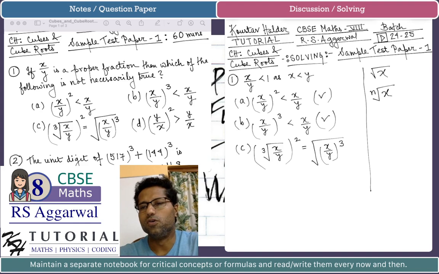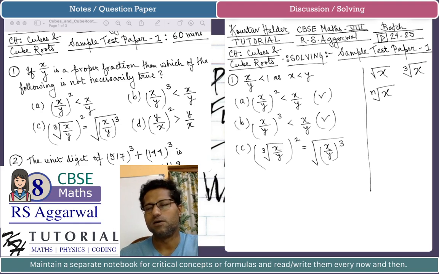For cube root, we write the 3 on the top left corner of the root sign. For square root we do not write 2, that is default. If 2 is not written, then we mean that it is a square root.